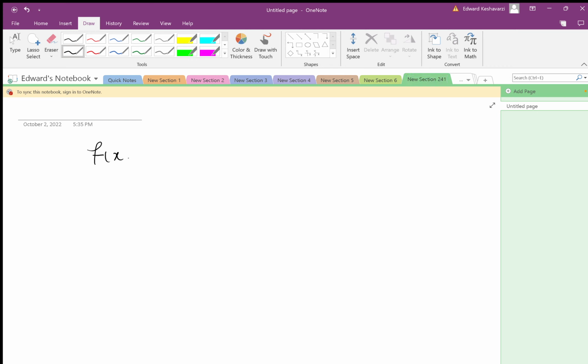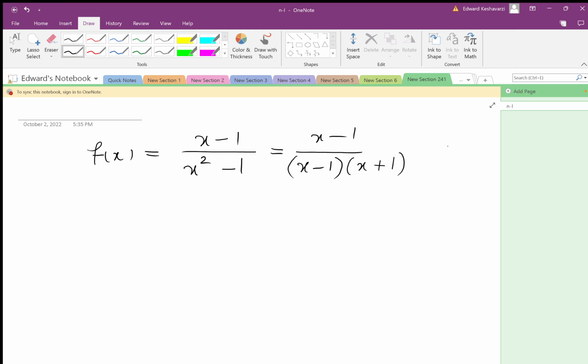f of x equals x minus 1 over x squared minus 1. So the question is, what discontinuities does this function have? So of course, everything starts with factorization. So we set the denominator equals 0.